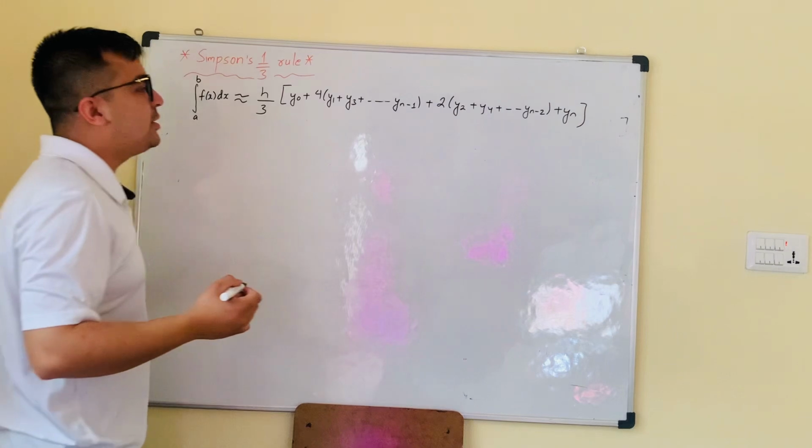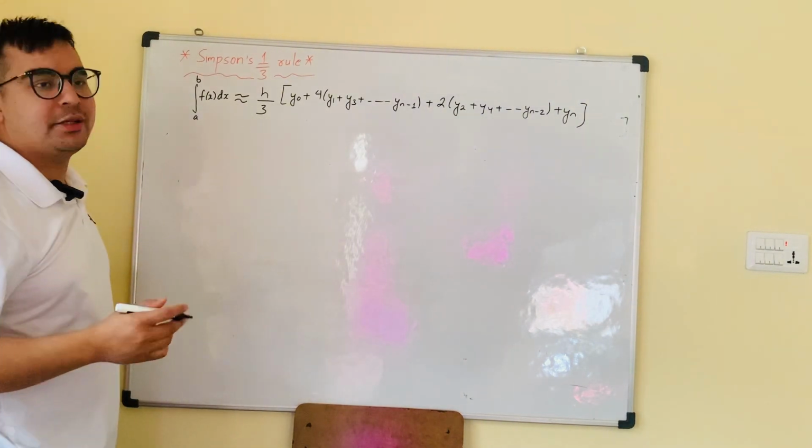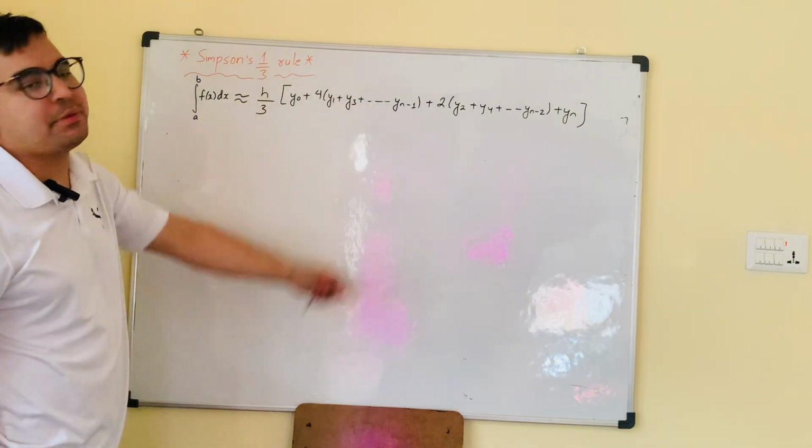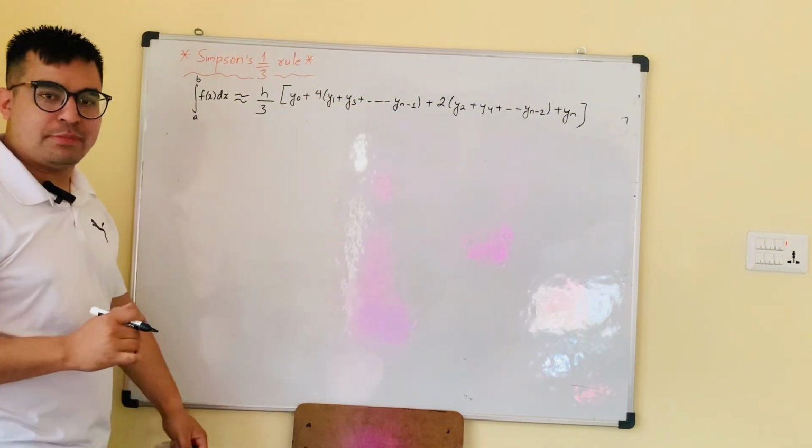This is the formula for Simpson's 1 by 3 rule, and I will explain what everything in this formula means while solving the problem.